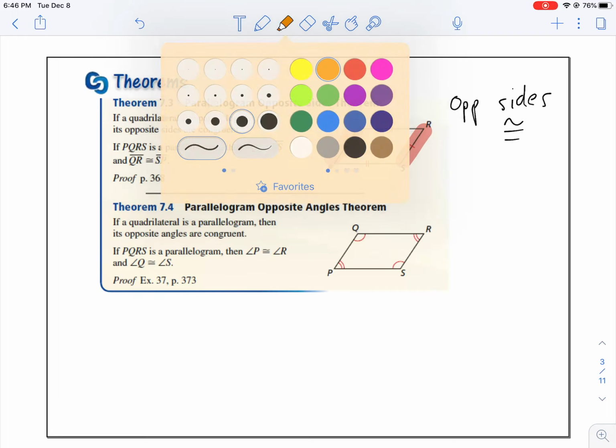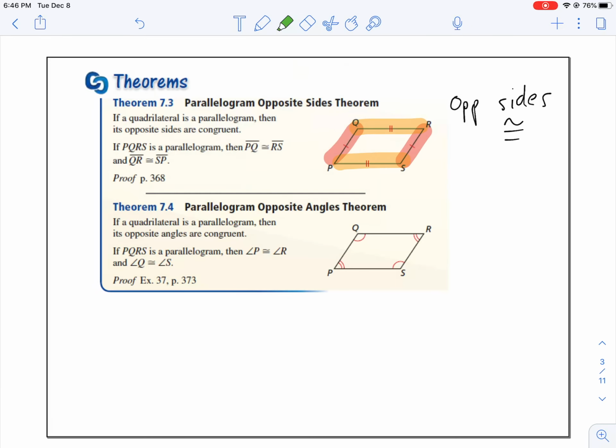So these are congruent, and these are congruent. Similarly, opposite angles are congruent. So opposite sides and opposite angles are congruent. So here we go. Now that we have those properties, we can solve some things for our parallelograms.